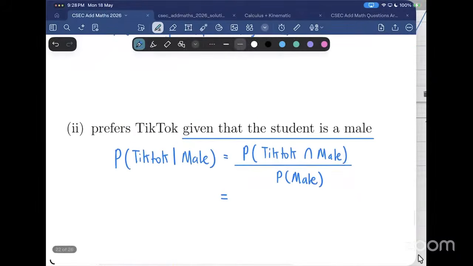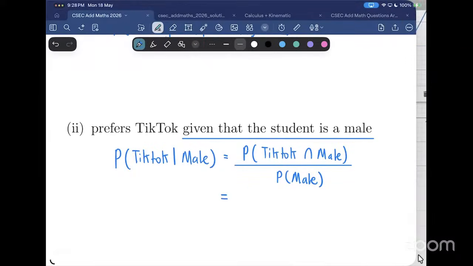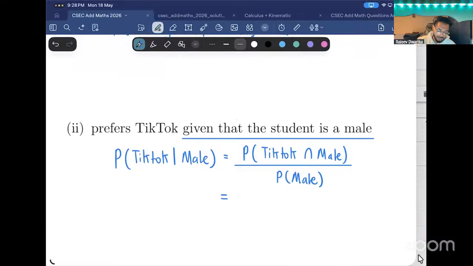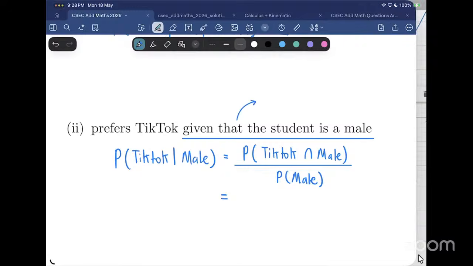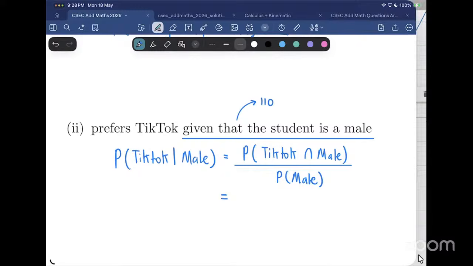Let me explain this again. They're saying prefers TikTok, given that. What is given? That they are male. How many males are there? 110 males. From that 110, how many prefer TikTok? 60.